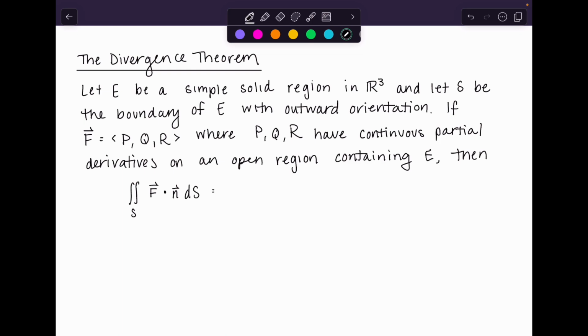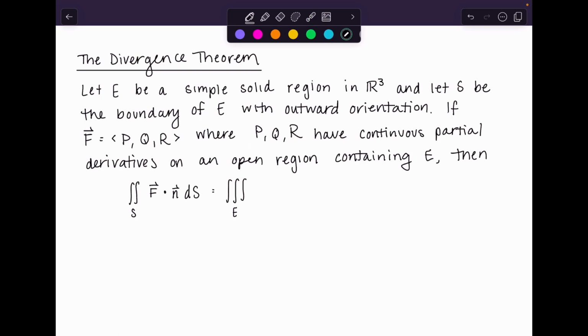what we can do instead is turn this into a triple integral where those bounds are determined by that solid E. And what we're going to have on the inside, it's kind of like we had the Q_x minus P_y. It's very similar. It's going to deal with the partial derivatives of that vector field.